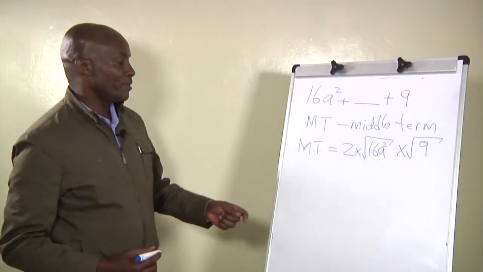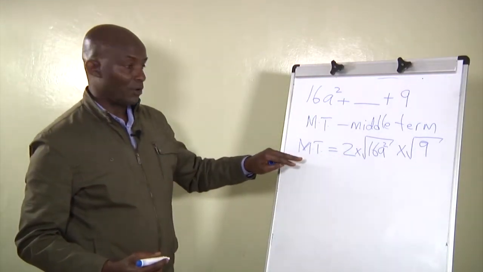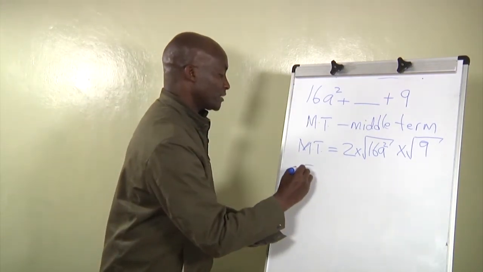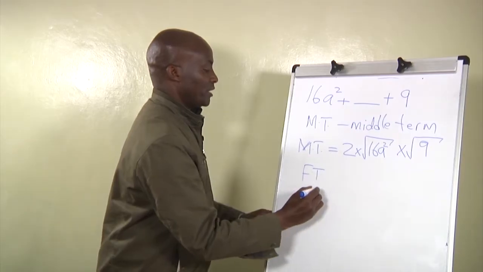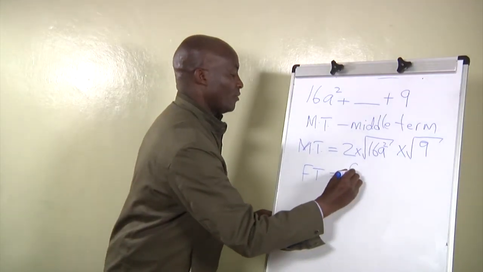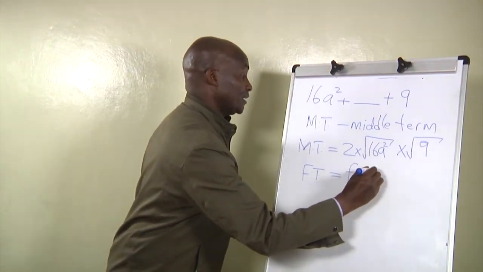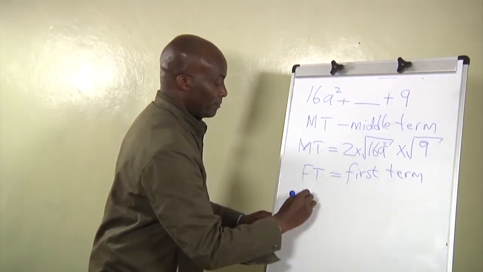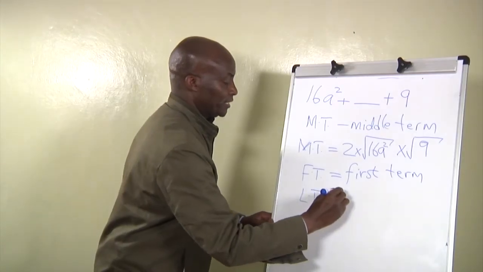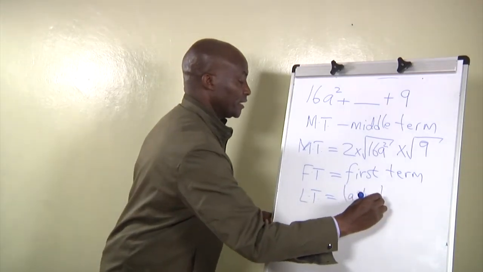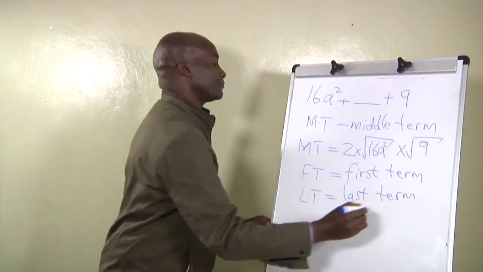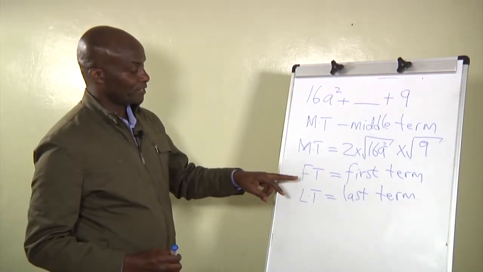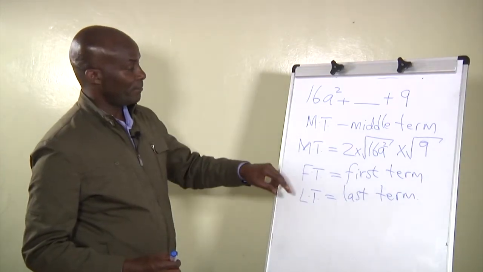So I'm going to be using initials for middle term. I'll call it MT. Then first term, I'll call it FT. And then the last term, I'll call it LT. So we have middle term, first term, the last term.